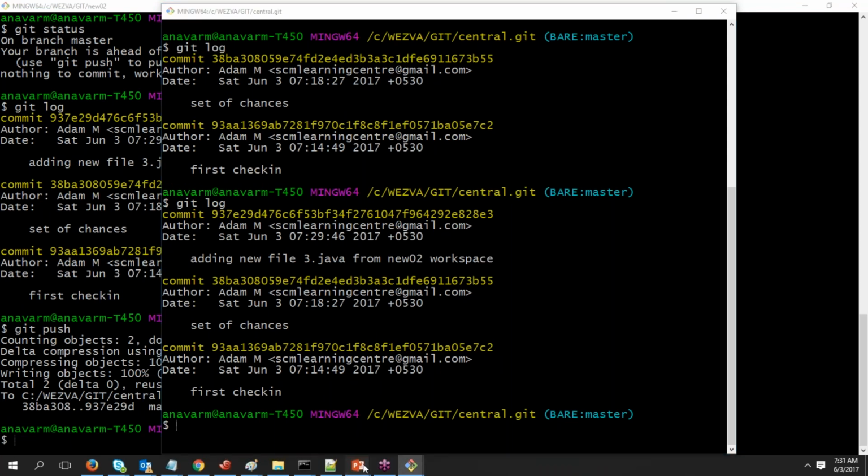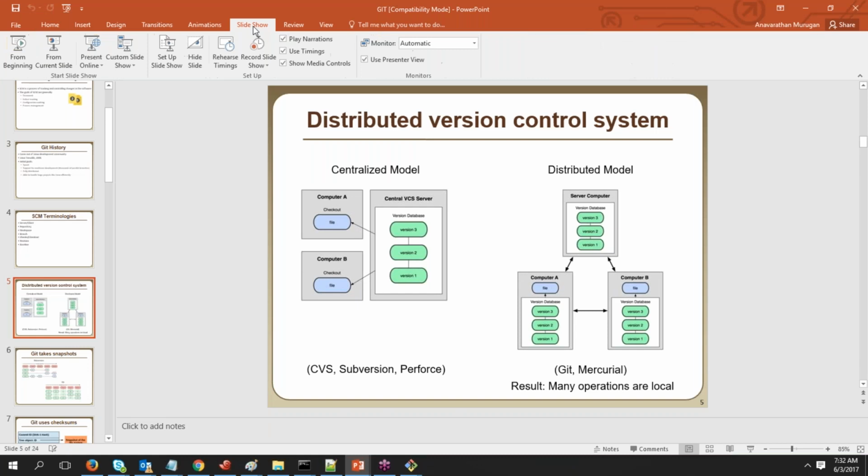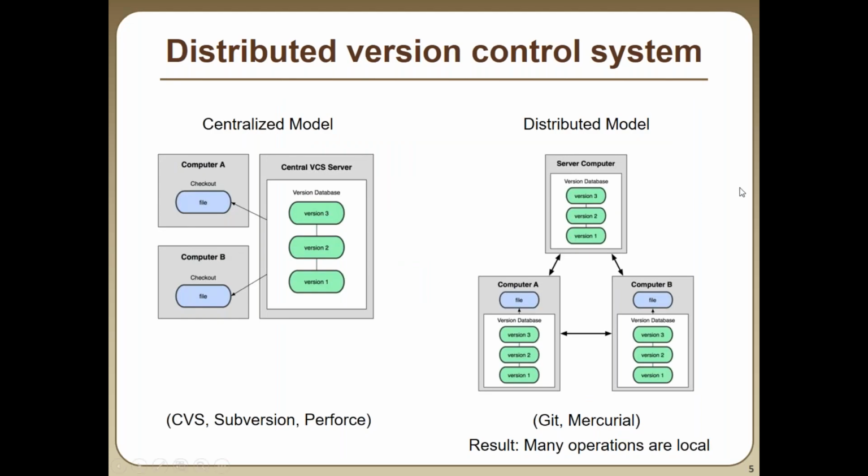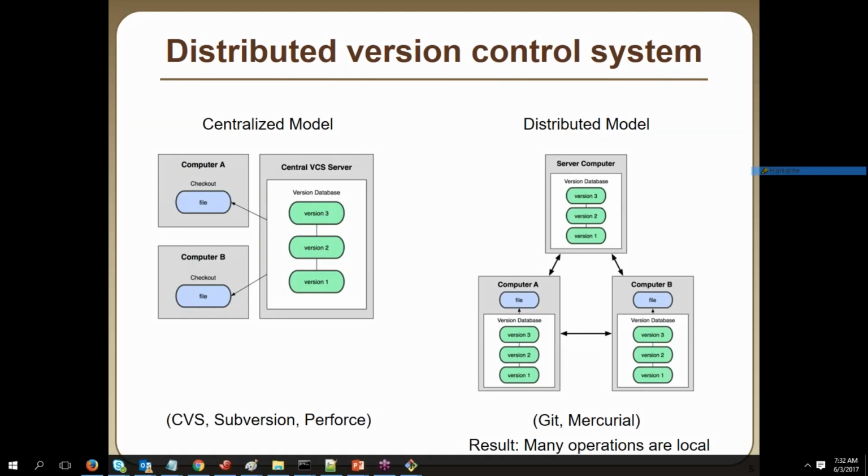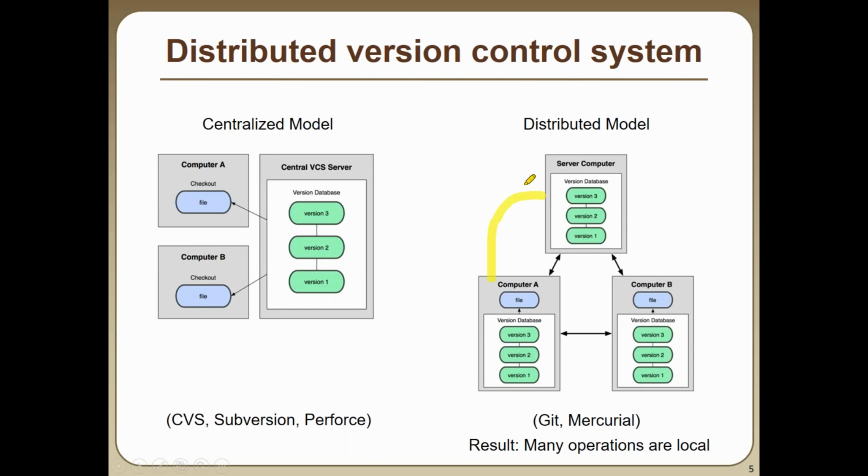So like this, first we created the central repository, and from the central repository, we created a new workspace, and then once the changes had been done, we tried to do a push from here. Then we created a new workspace based on this, that is the clone, and after that, whatever changes you have done, from here we put it into the central repository.